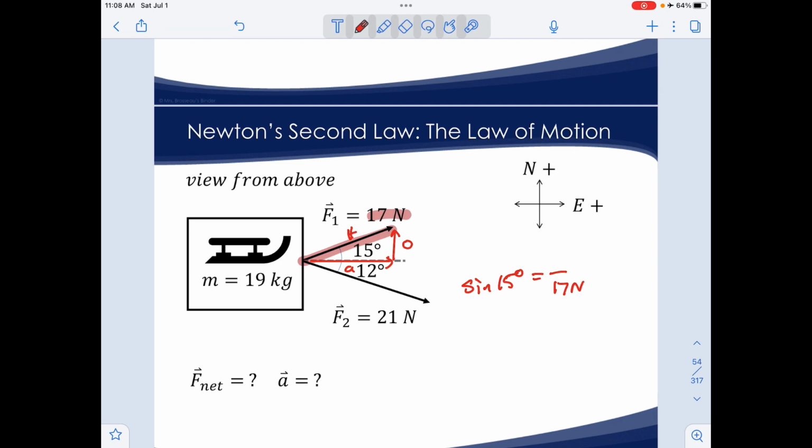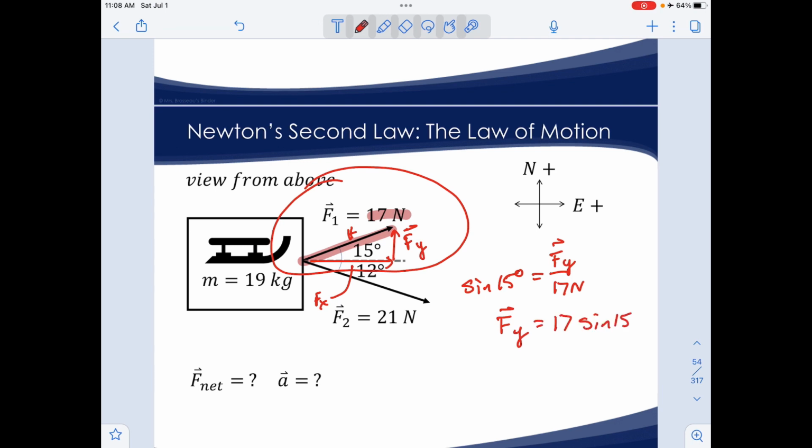This is just F sub y. And then the adjacent down here, this is just our F sub x. Now we're just focusing on this upper one, okay? So if we wanted to solve for F sub y, it's going to be 17 newtons sine 15 degrees.